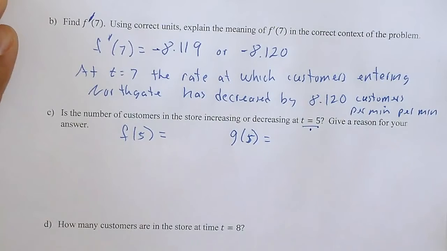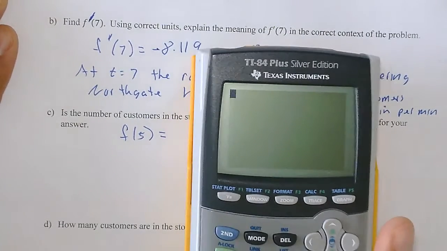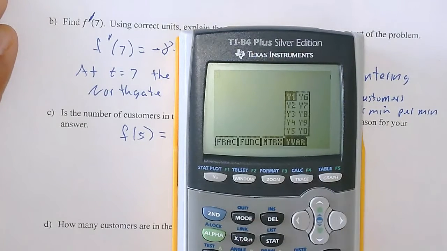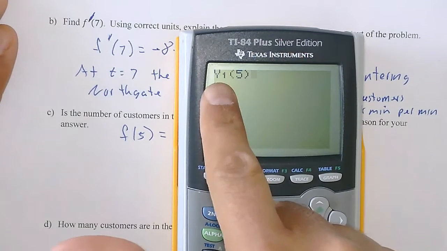I'll do the same thing for y2. Alpha y2 evaluated at 5. And I have that. So let's make sure we know which one is which. Y1 was the people coming in. Y2 was the people coming out.